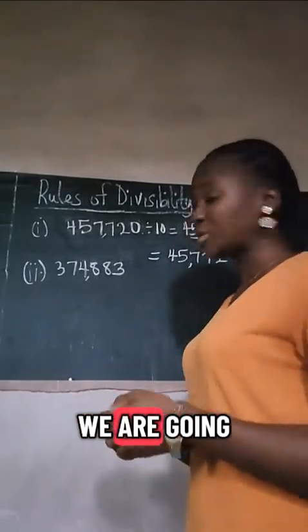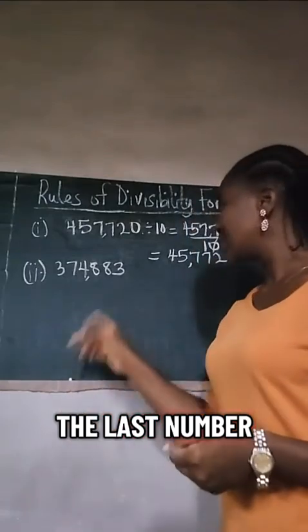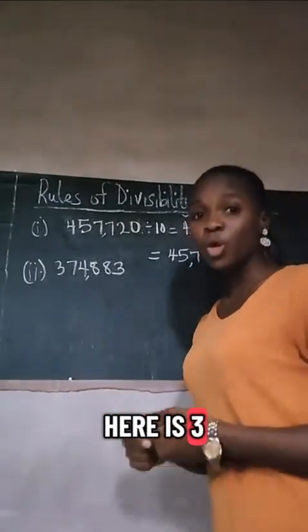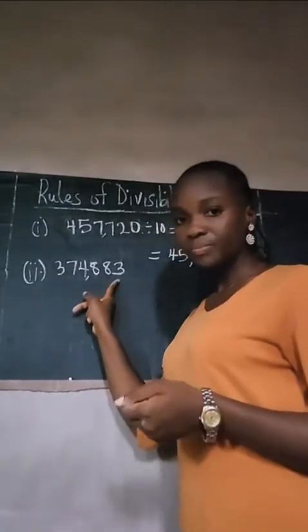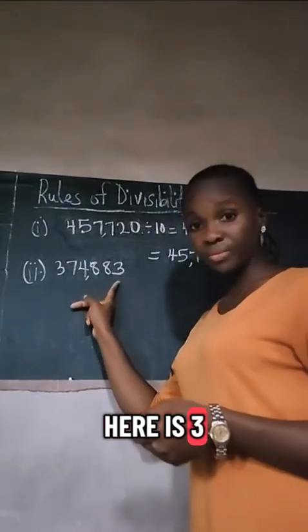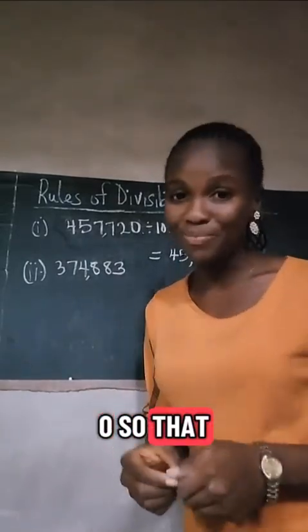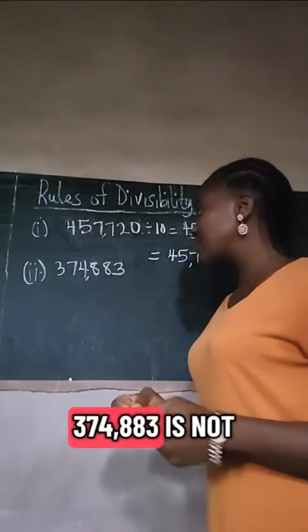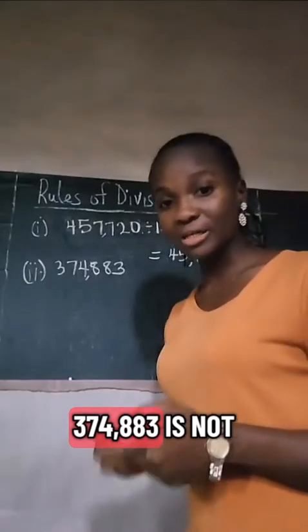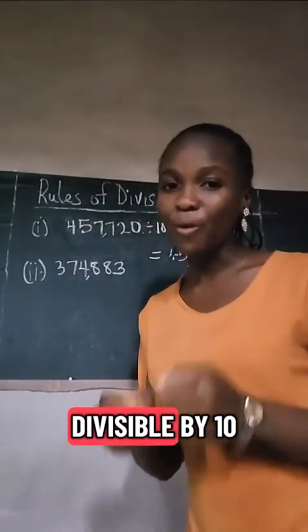The first thing we are going to check is the last number. The last number here is 3, which is not 0. So that implies that 374,883 is not divisible by 10.